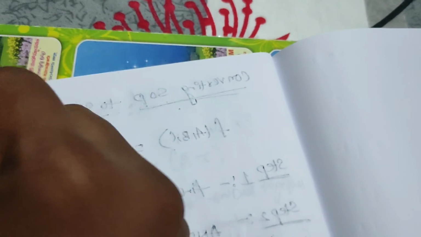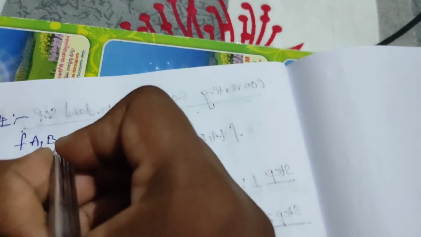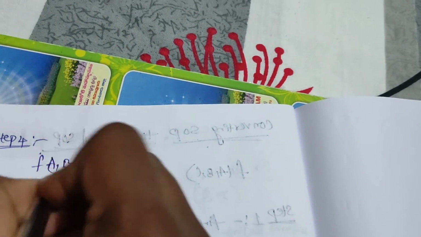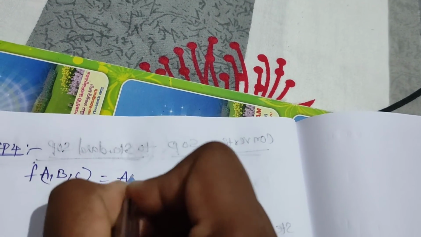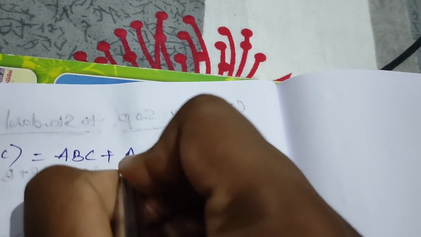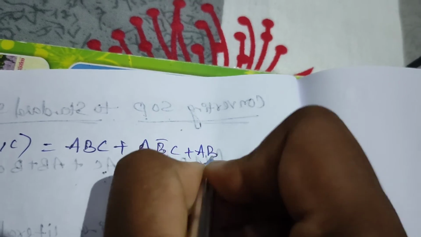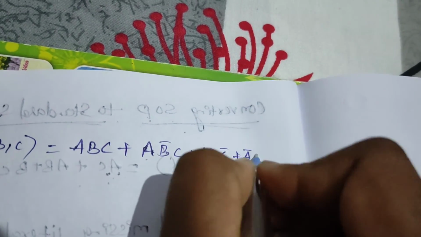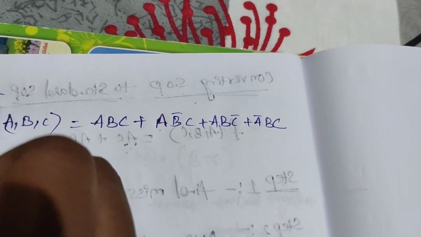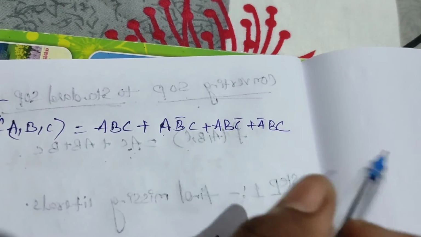So f of ABC is equal to ABC plus AB bar C plus ABC bar plus A bar BC. So in step 4 I have reduced by omitting the repeated terms.